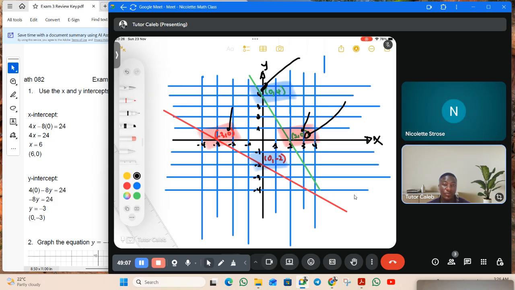And this is the first intercept of the red line, and this is the second intercept of the red line. You'll agree with that? Yes. So each line, because it cuts the axes at 2 points, it cuts the y-axis, then it cuts the x-axis. Both of them have two intercepts.